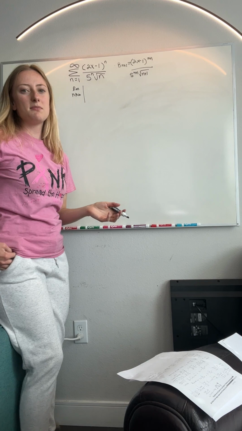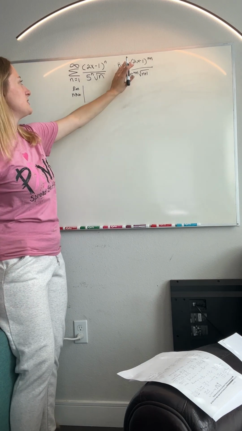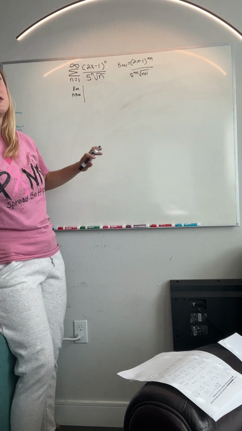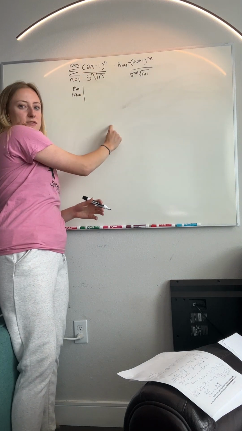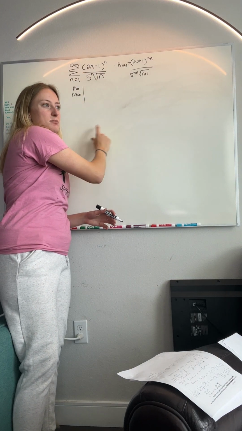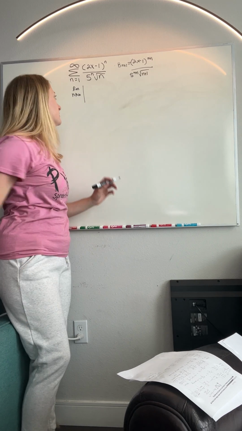And to speed things up, I'm not going to do the whole b_{n+1} over b_n. I'm just going to rearrange the terms. So take this bottom portion, put it up to the top, and then take the reciprocal.